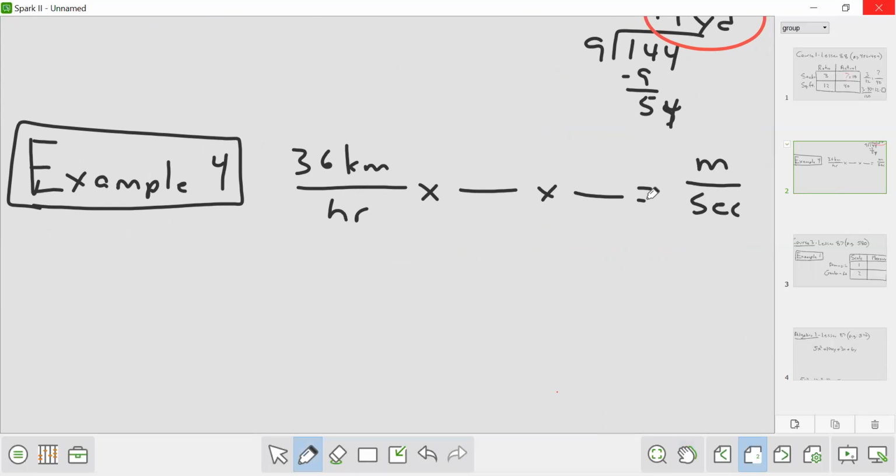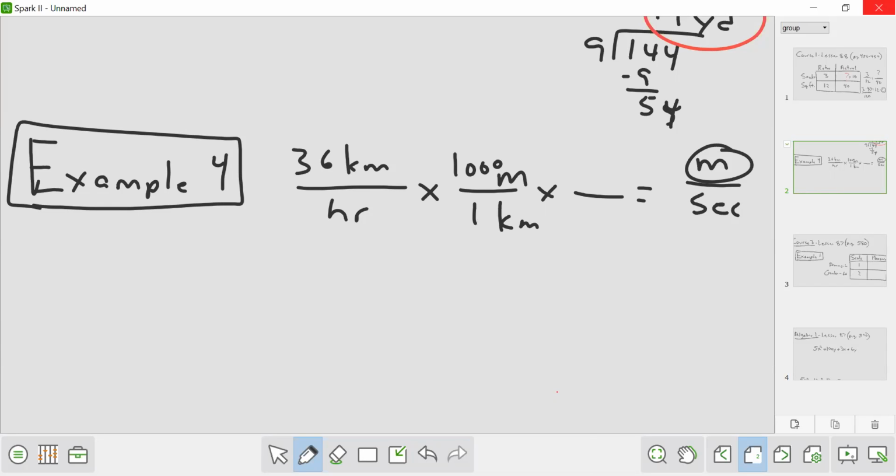I want to cross cancel kilometers out, so I have to put kilometers on the bottom. So what am I changing kilometers to? I'm changing kilometers to meters. So I'm going to put the meters on the top. So how do I make that fraction equal to 1? Well, I have to know how many meters 1 kilometer is. Well, it's 1,000. 1,000 meters equals 1 kilometer.